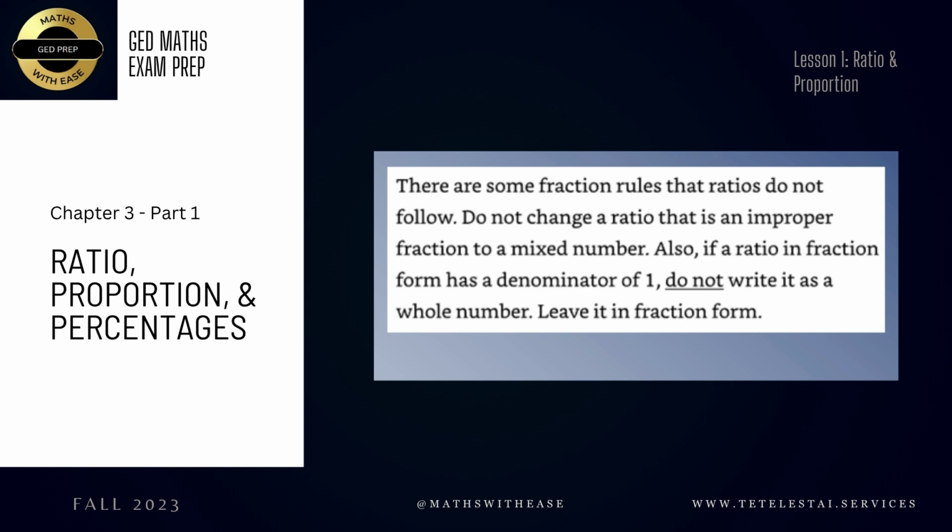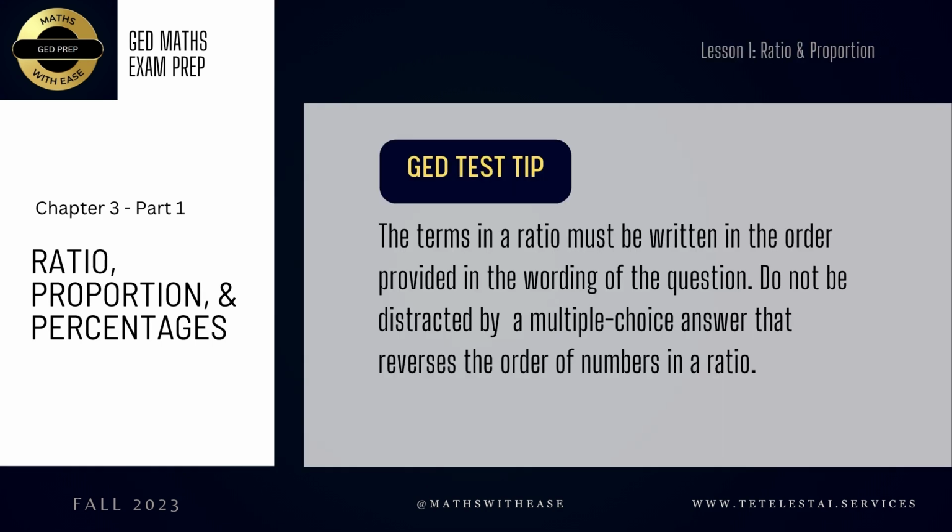The terms in a ratio must be written in the order given by the words of the question, as we saw earlier. That's a good thing to keep in mind, because it helps you know that you're answering the question correctly, since you're following the same order as the question. So don't be fooled by an answer choice on a multiple choice question that reverses the order of numbers, okay?